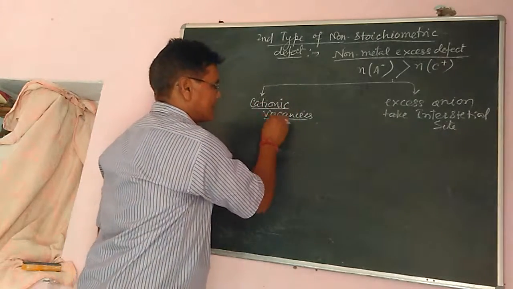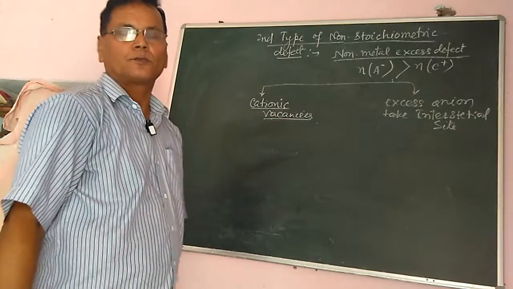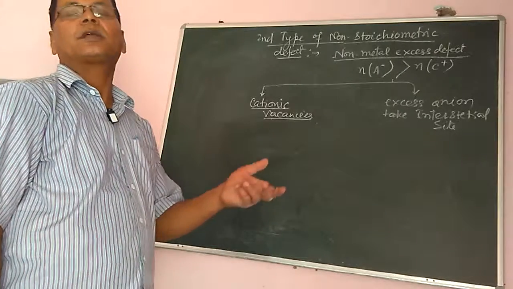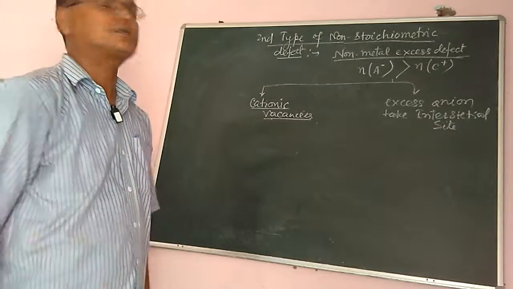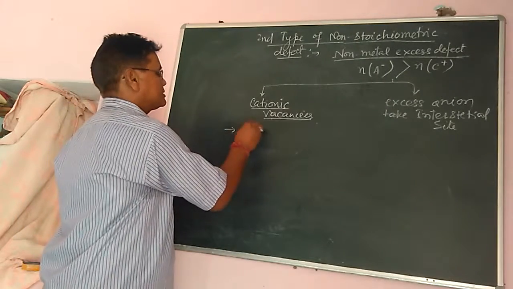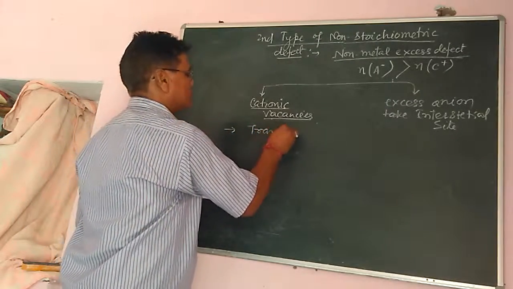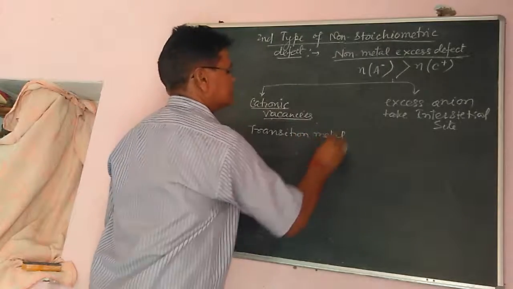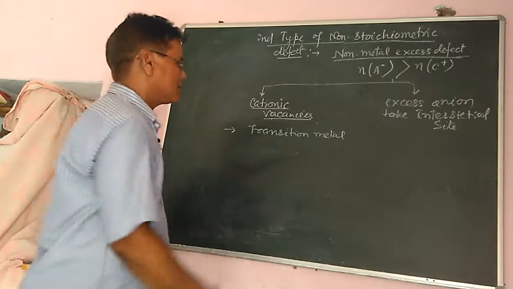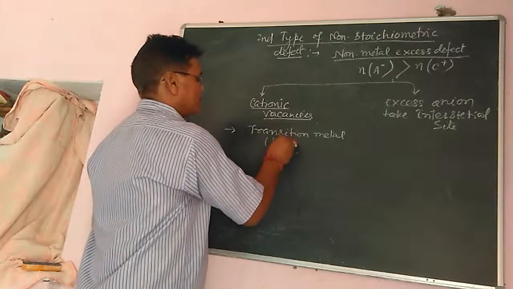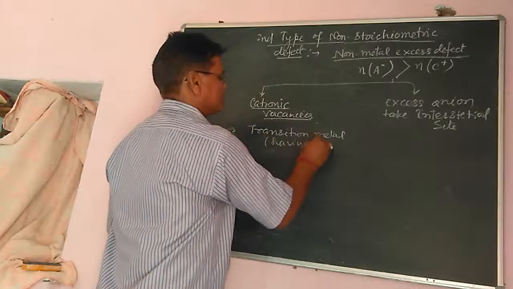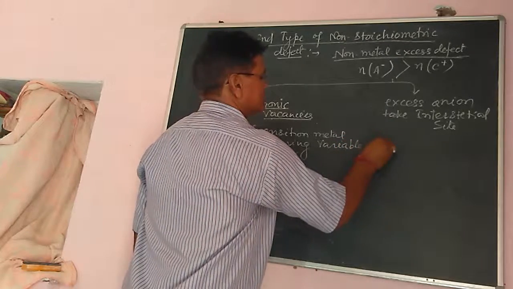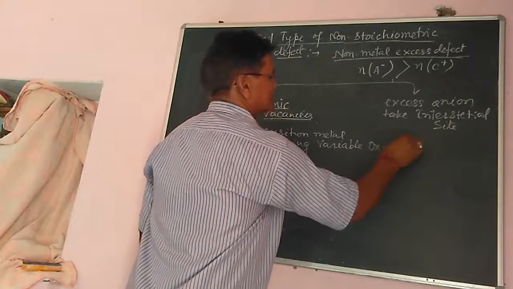In cationic vacancies, it actually takes place in transition metals having variable oxidation state. It means the crystal that contains transition metals having variable oxidation state.